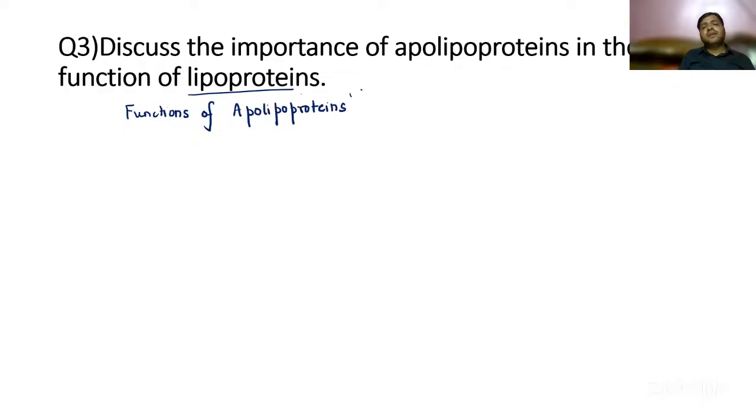As of now, just try to remember; in the metabolism, when we discuss it, it will come again. We have ApoC1. This ApoC1 inhibits cholesterol ester transfer protein.